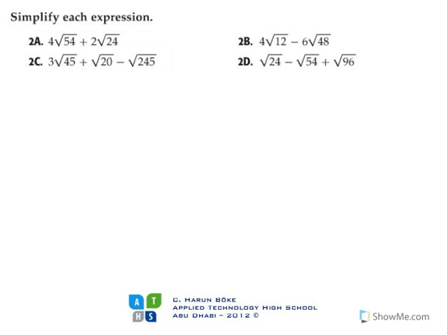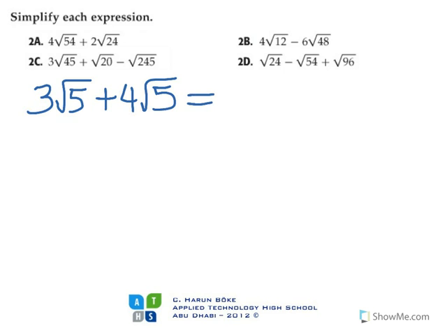Now, remember, if we have an example something like 3 square root of 5 plus 4 square root of 5, then it will be 3 plus 4, 7 square root of 5.